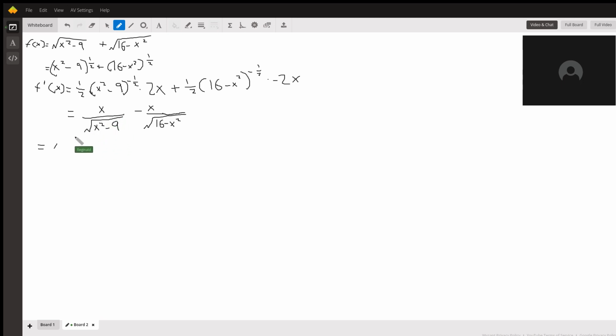So you get x square root 16 minus x squared minus x square root of x squared minus 9, right? So I'm doing the same thing over here.